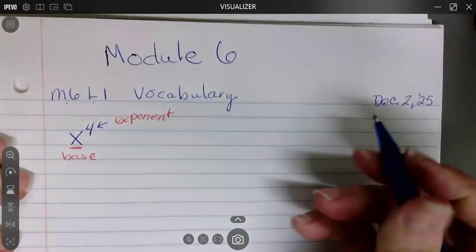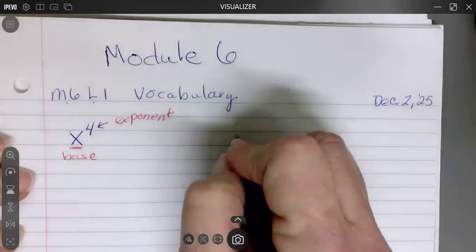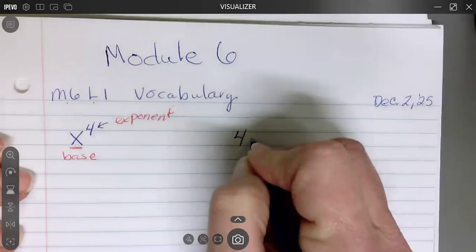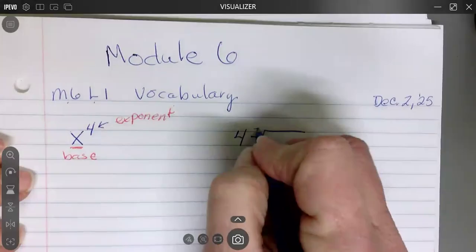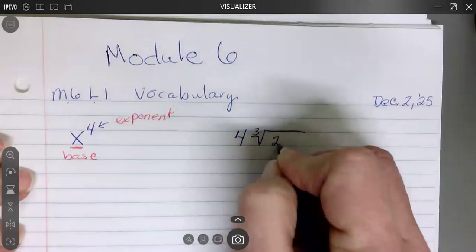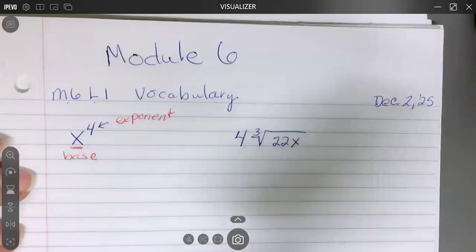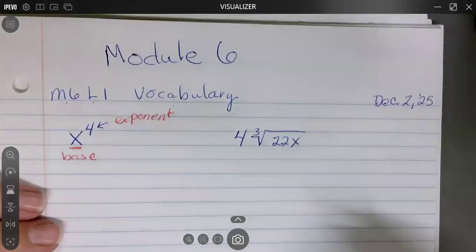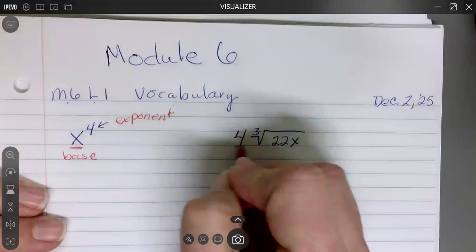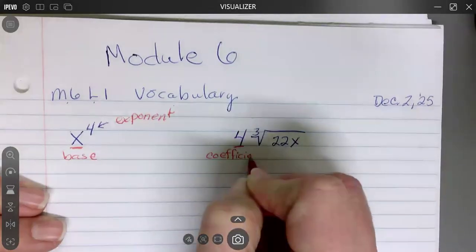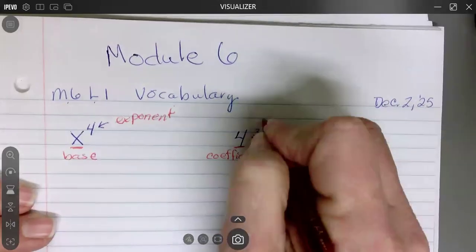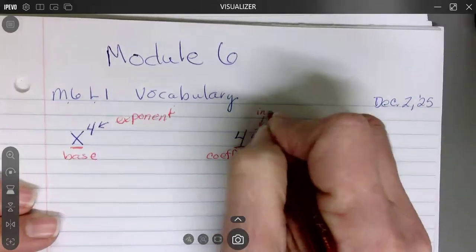Then we can also have things that look like this: 4, and then you might have the radical sign with the 3 outside, but then a 22x on the inside. Let's talk about what each of those parts is called. So the 4 would be called a coefficient. This 3 is the index.